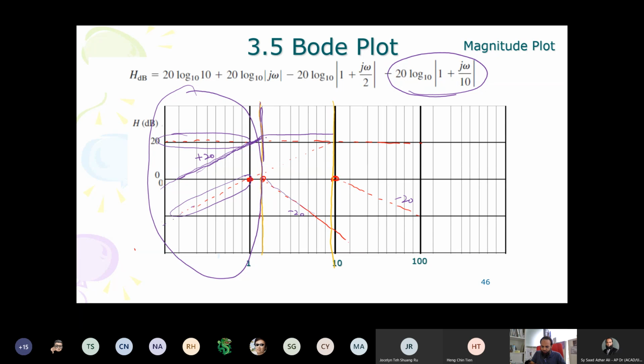So plus 20 minus 20 dB will make us a 0 dB slope until the next corner frequency, which is at 10. 10 is coming from a pole which is showing a negative 20 dB. So 0 dB minus 20 dB will give you a negative 20 dB slope. So we can go from here until the next decade like this.